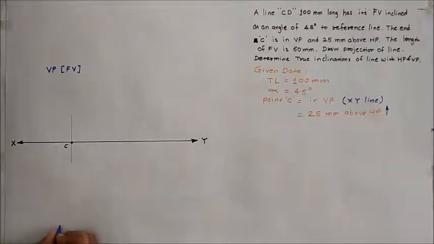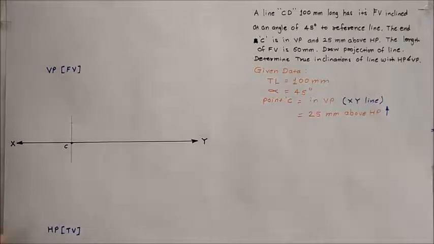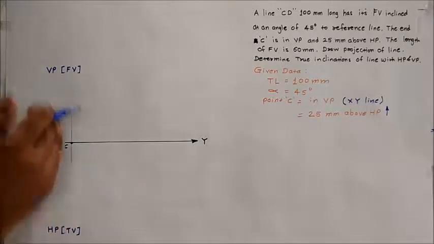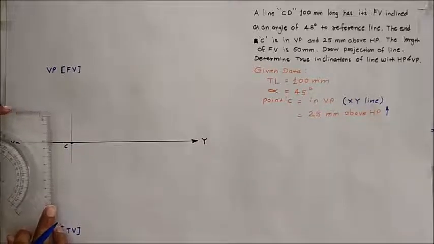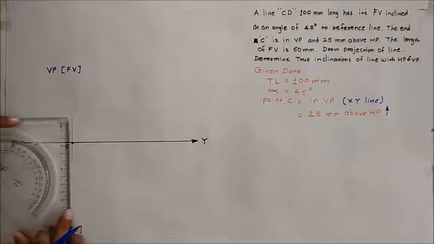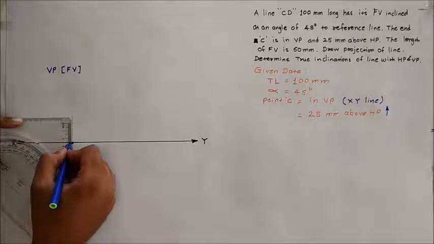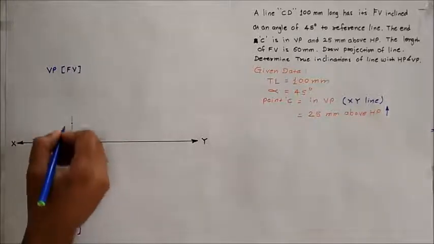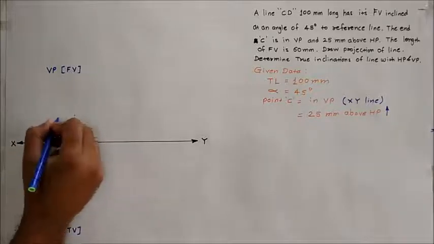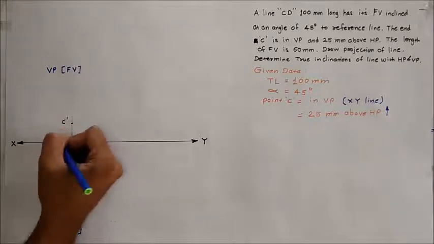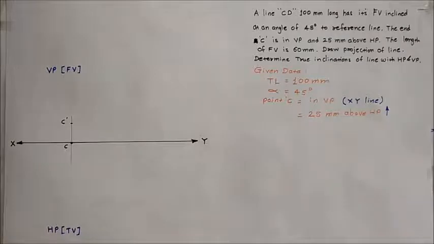Below XY line horizontal plane is present, and in the horizontal plane top view is drawn. Now above XY line on the projection line we have to plot the C dash point, which is at distance 25 mm from the XY. Give nomenclature C dash.